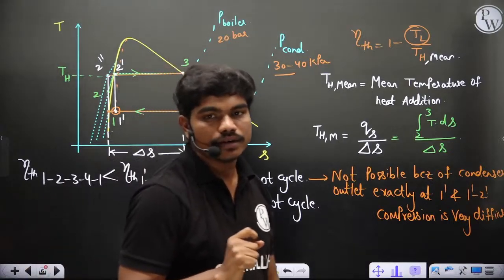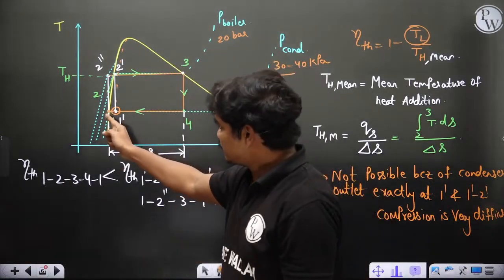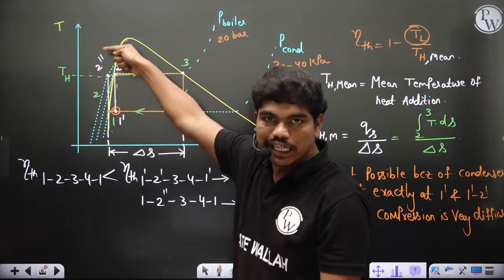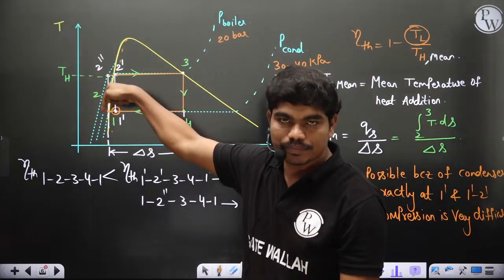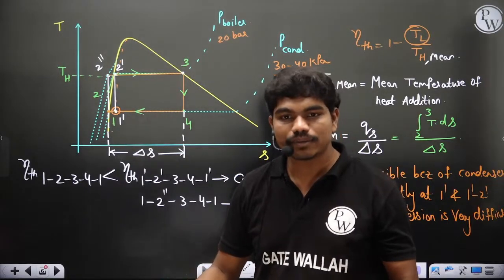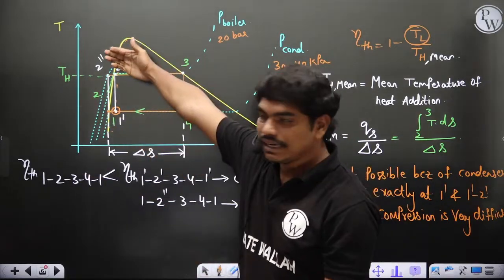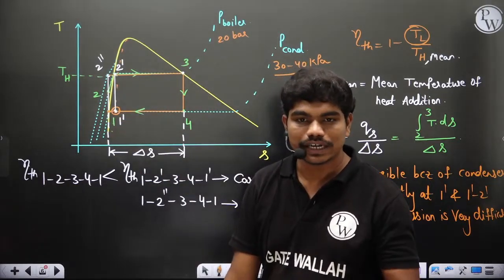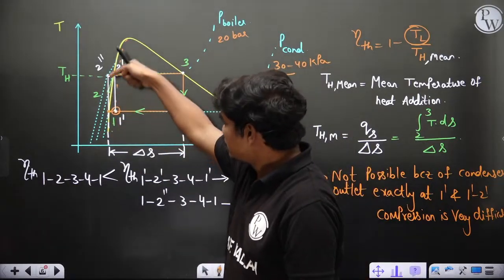Clear? Did you understand this? Compressing from 1 to 2'' directly, which is almost some thousands of times bigger than this P1, is not practically done with pumps. Even with supercritical pumps, we are not able to generate such very high pressures, in a single go or maybe in steps. Clear?